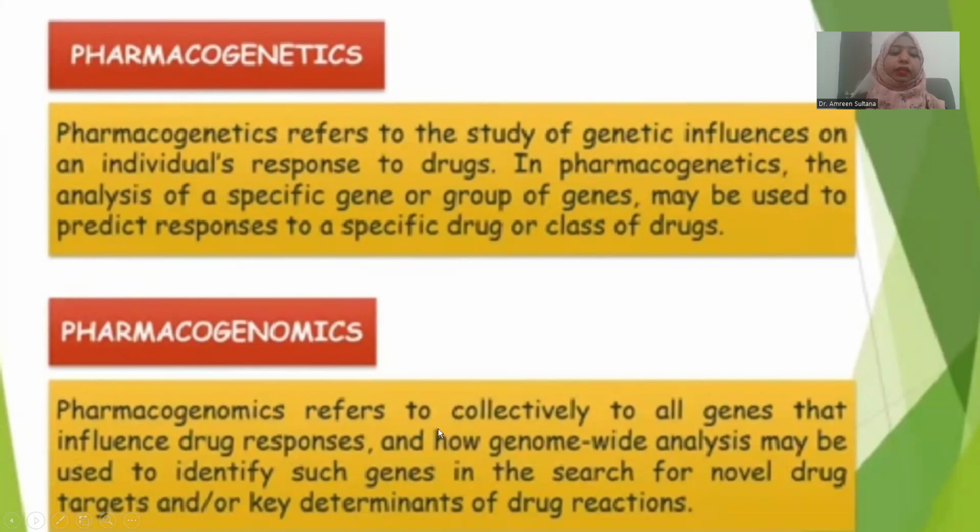In genomic conditions, we collectively take all the genes that get influenced by the drug, based on the drug response. How the drug is responding, that gets influenced here. Based on that influence, we need to analyze and identify novel drug targets. That condition is known as genomics.